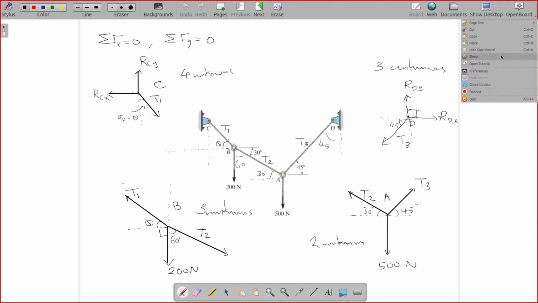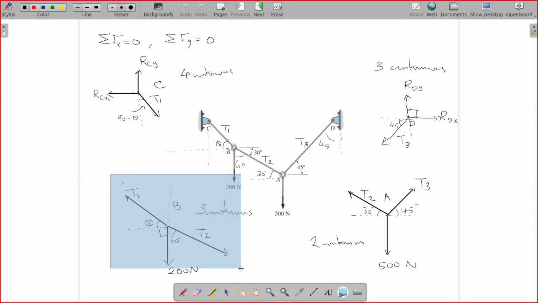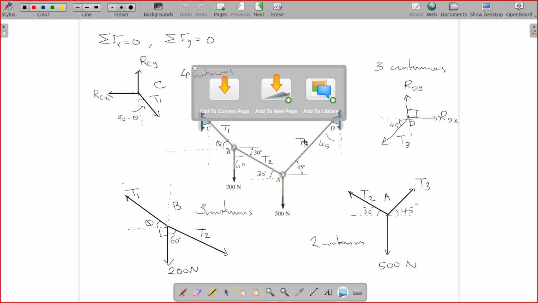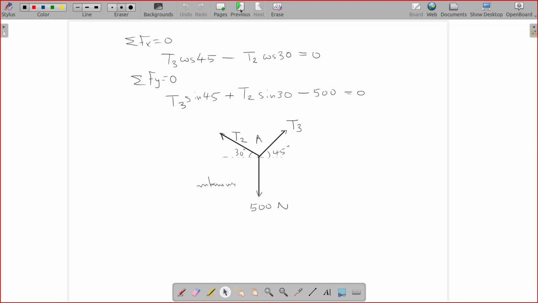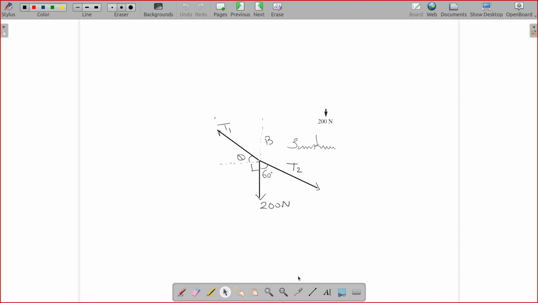So there may be a little confusion there. So I will also solve this one.